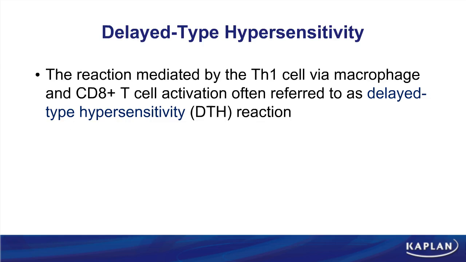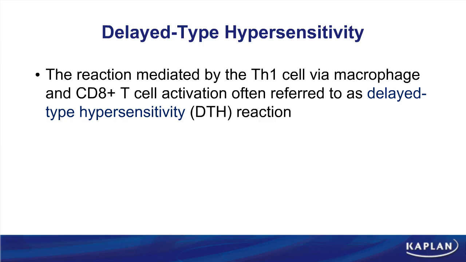Now, what's really awesome is that we can double dip a little bit here, right? Because we've gone through the Th1 response, hopefully with a fine-tooth comb, and we have also stated that this Th1 response is the exact same response as our delayed type hypersensitivity reaction, okay? We're going to get to that a little bit more in chapter 12.